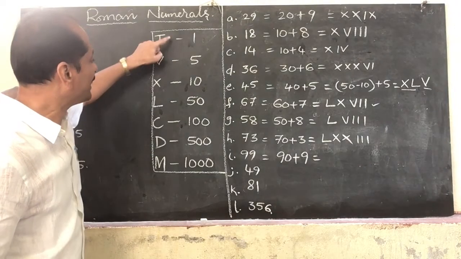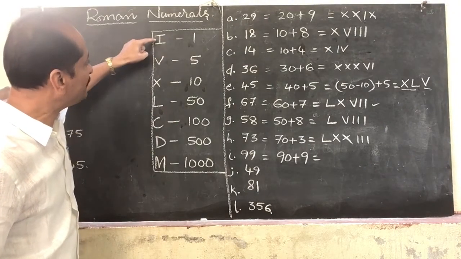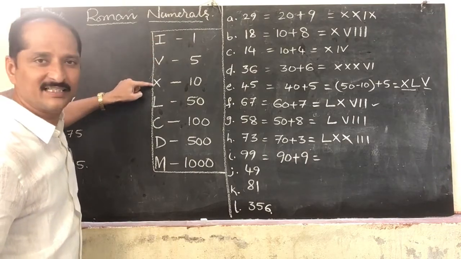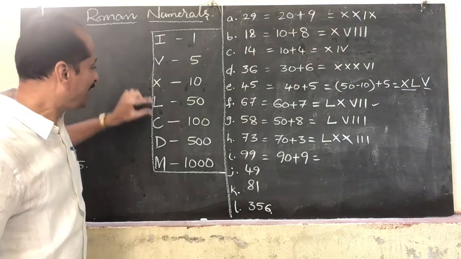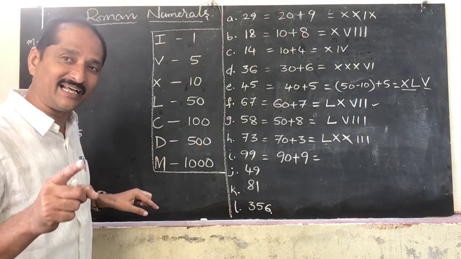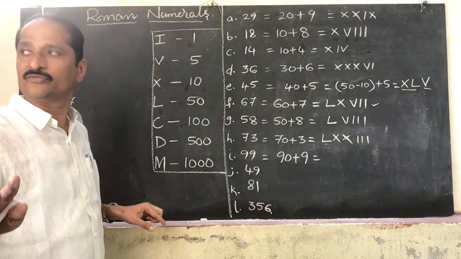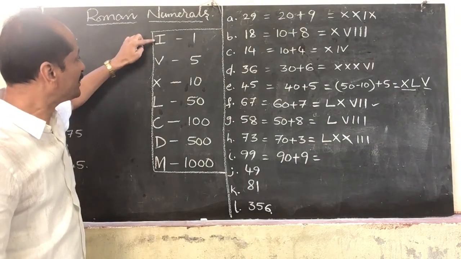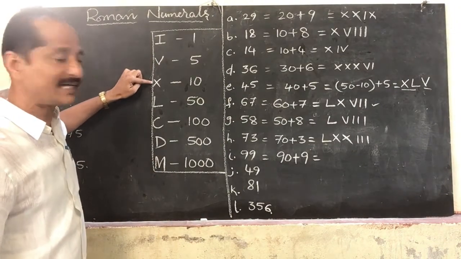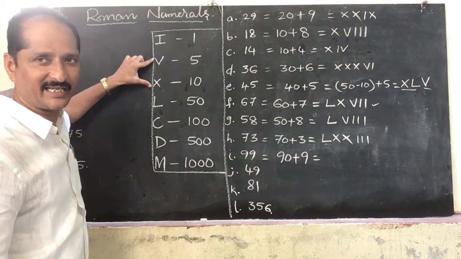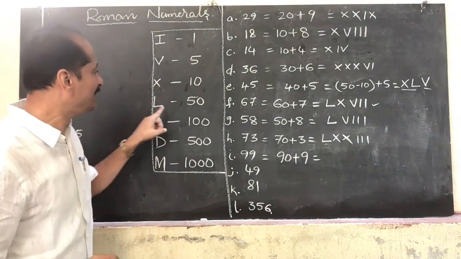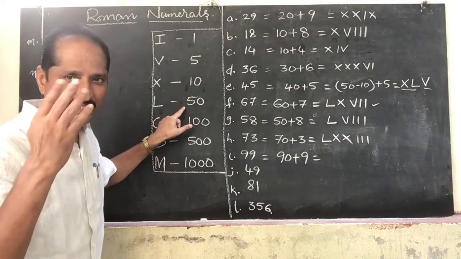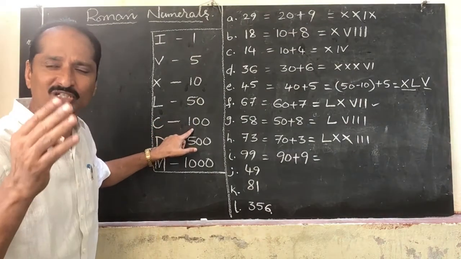We can't subtract I from 100, because I can be subtracted only from V and X. Writing 99 as 100 minus 1 is wrong. I can be subtracted only from V and X, so it cannot be subtracted from 50 or 100.